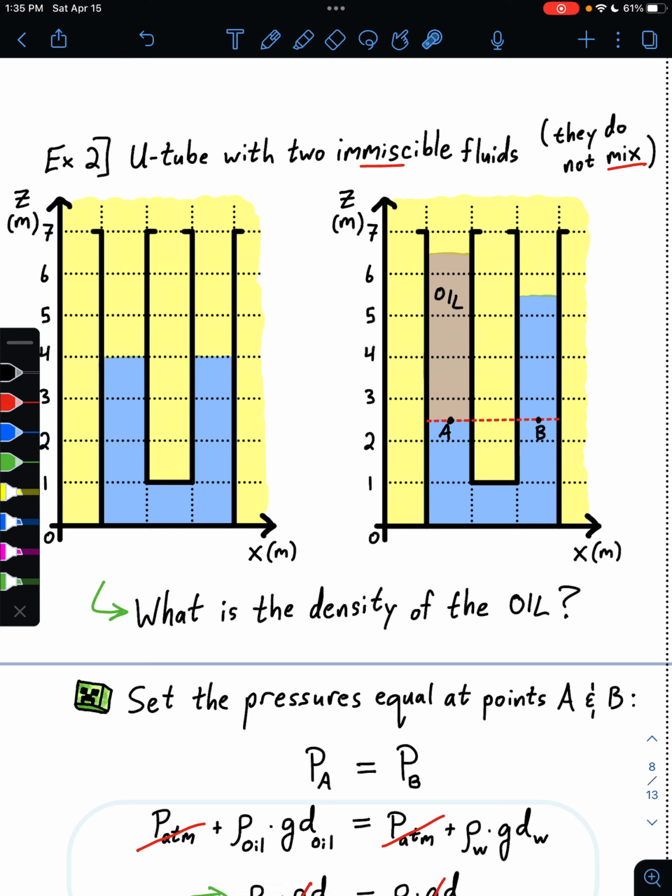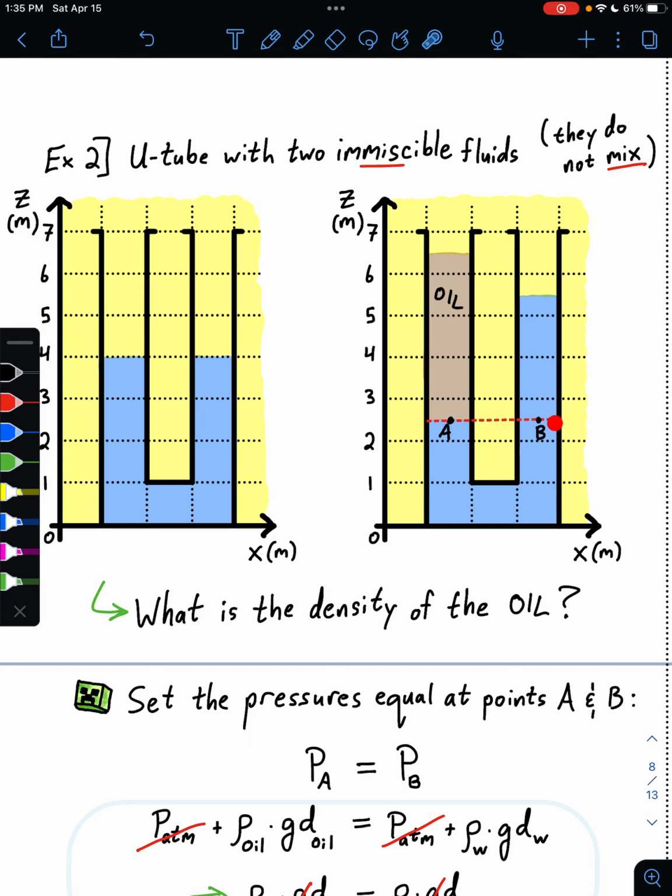Another way of looking at this is to note that the water here at points A and B must be holding up equal weights of material above them, since the cross-sectional areas are the same here at A and B. So the weight of this much oil plus this entire column of air going up to space must be the same as the weight of this much water here plus the weight of the column of air above it going all the way up to space.